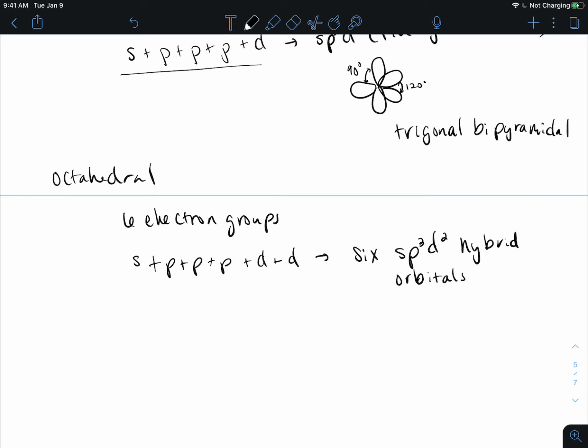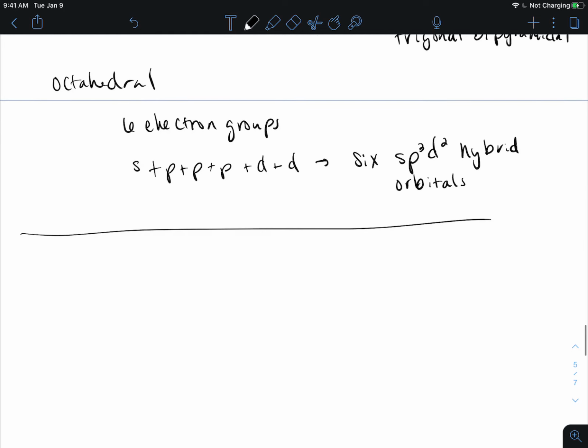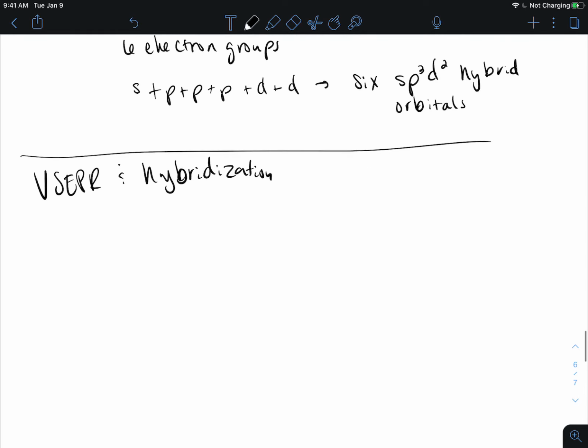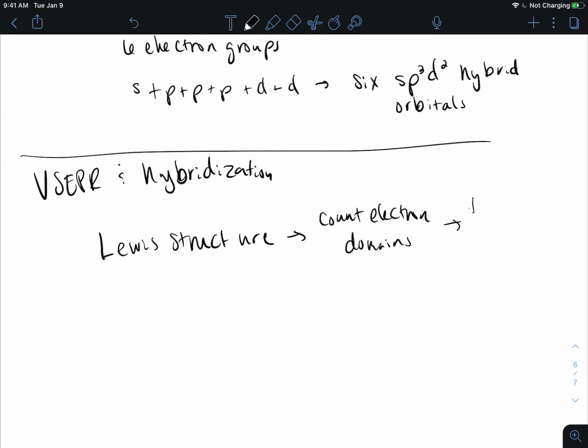So we can figure out our hybridization just by knowing our VSEPR. So if we have our Lewis structure, we can count our electron groups or electron domains, and that will determine our type of hybridization.